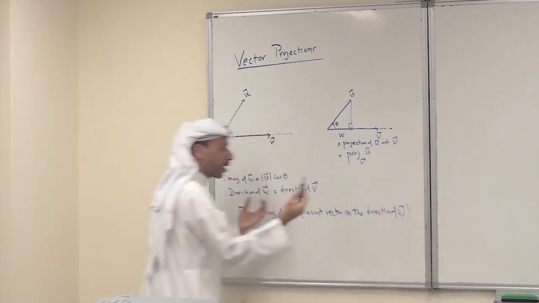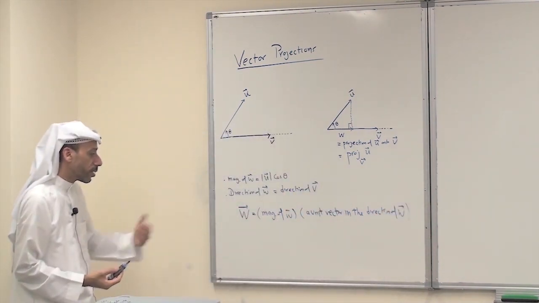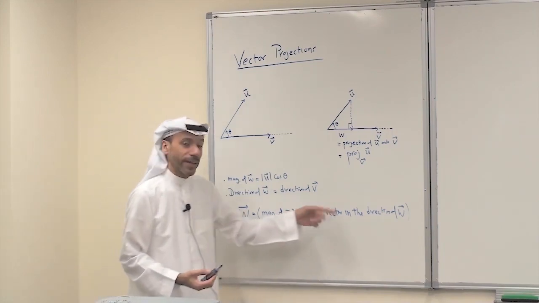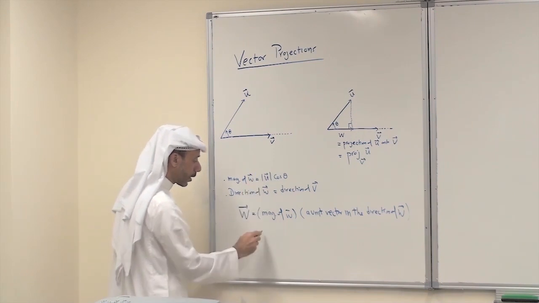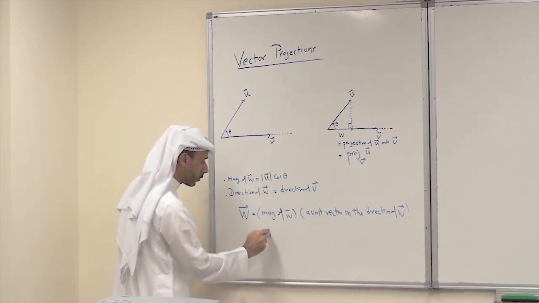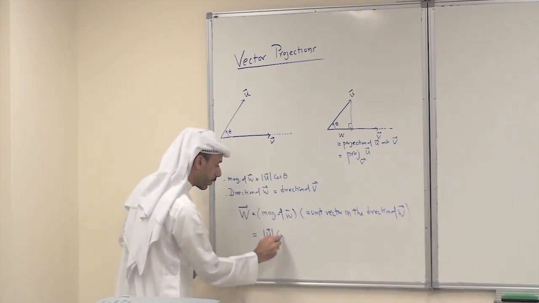This is how to write any vector in terms of its magnitude and direction. For the magnitude of w, which is the absolute value of the magnitude of u times cosine theta.